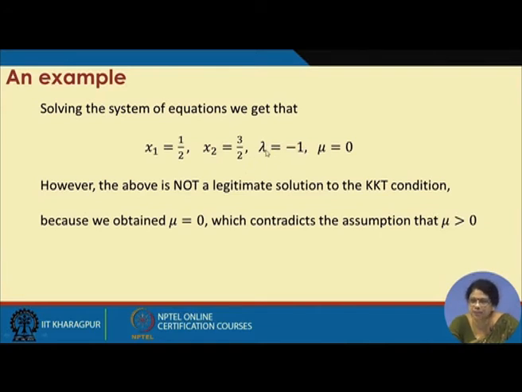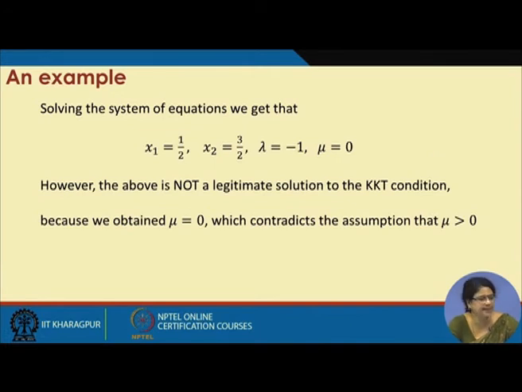Is it a KKT point? It is not a KKT point, because we are getting a certain condition which is contradictory in nature, because we have assumed mu greater than 0, but after doing the calculation we are getting mu is equal to 0. That is why we cannot say this is a KKT point at all. That is why mu greater than 0 cannot happen.